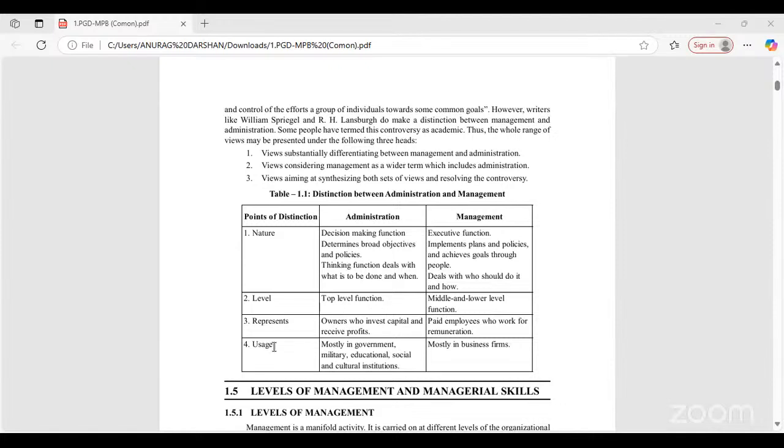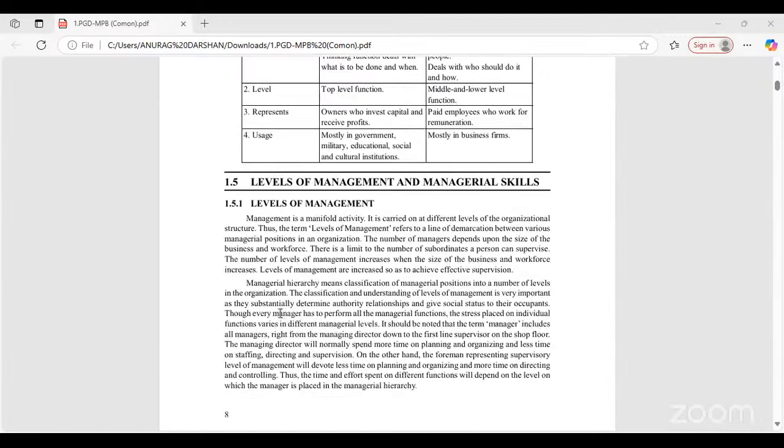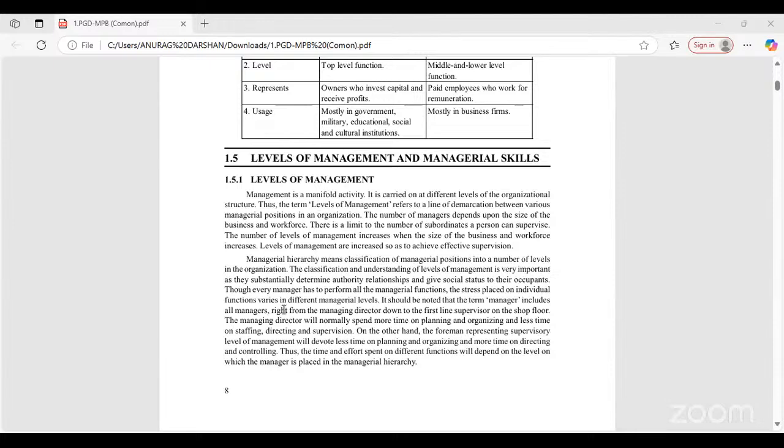Generally, the owners are the people who belong to the administration category, and the employees who work for remuneration come under management. Mostly in government, military, educational, social, and cultural institutions, we find administration. And management is all in business.